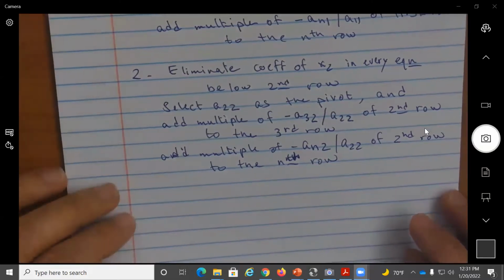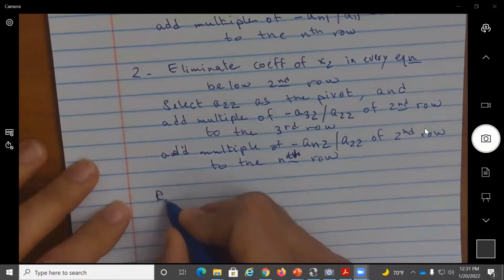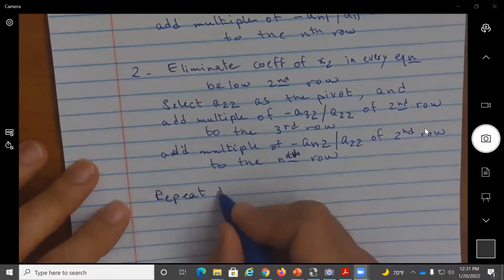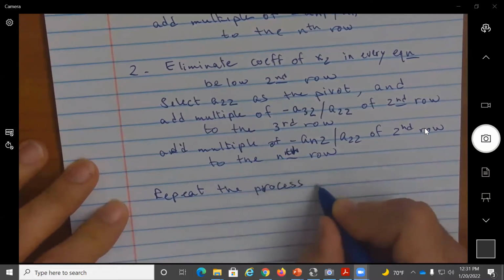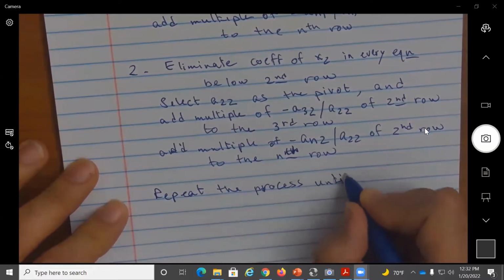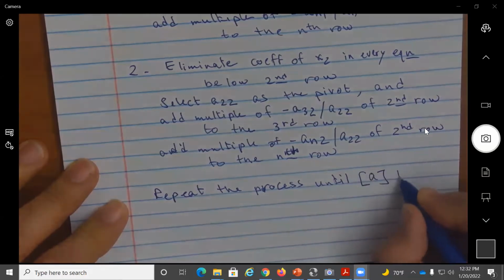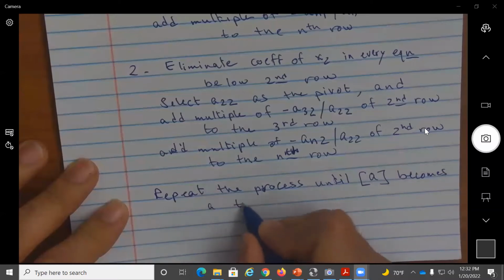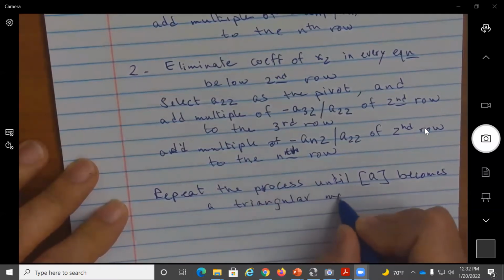After that, A33 is going to become the pivot and so on. So we're going to repeat the process until A becomes a triangular matrix.